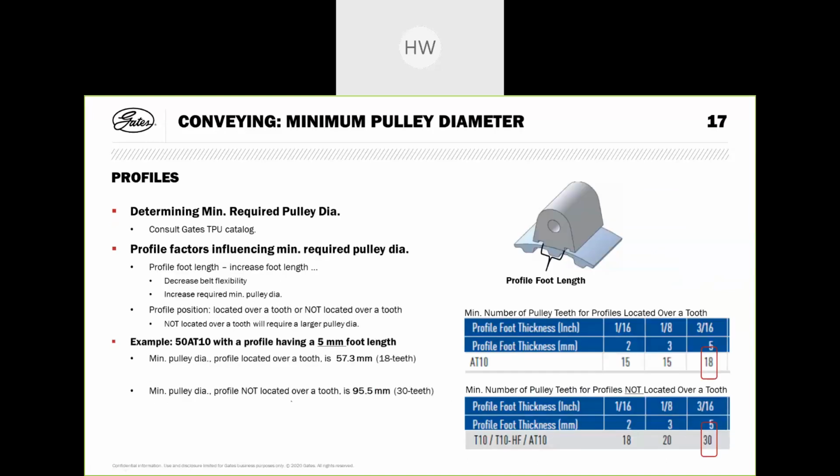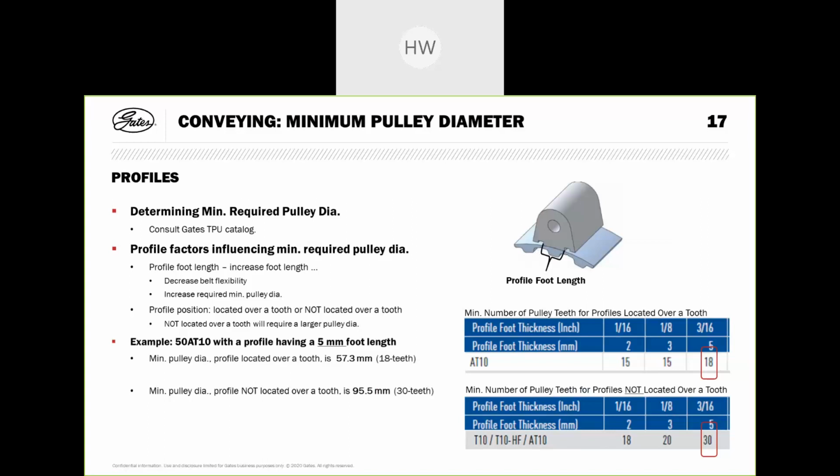Same with profiles. If we have applications where we weld profiles onto our basic belt, we should try to weld the profile only over a tooth. As you can imagine, when the belt bends around the pulley, it will not bend directly on the tooth, but in the gap between the teeth.